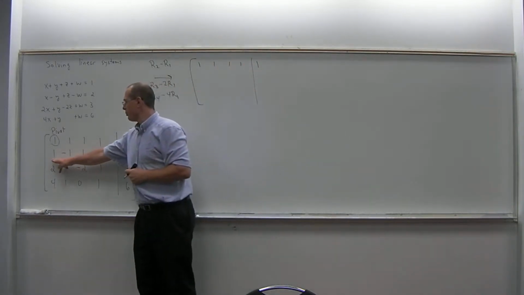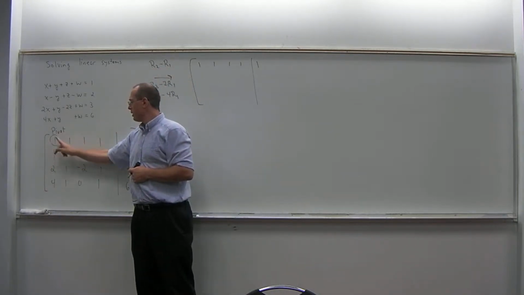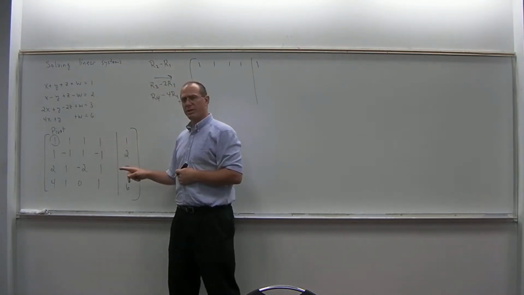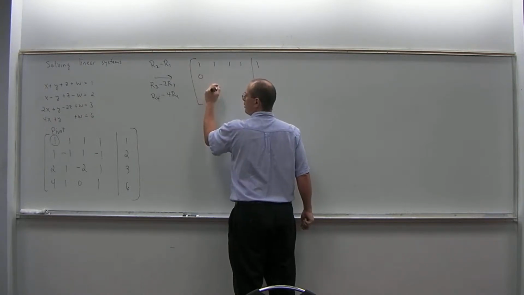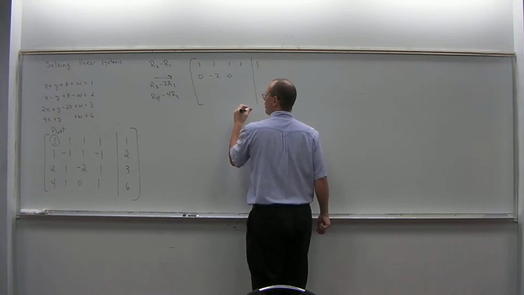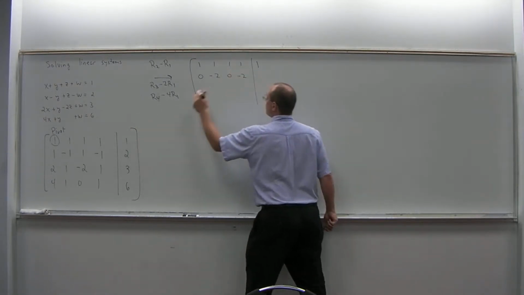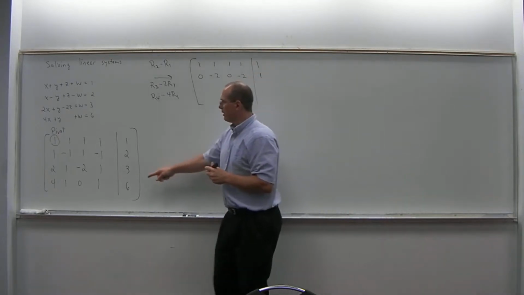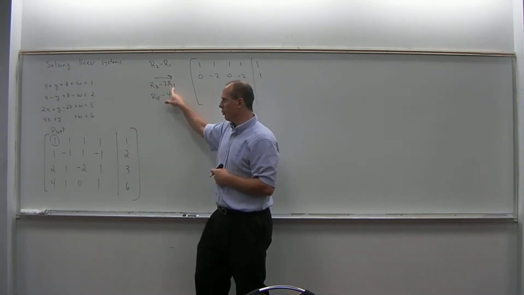Now let's look at what happens to row 2. I'm doing row 2 minus row 1. So I'm going to do 1 minus 1, negative 1 minus 1, 1 minus 1, negative 1 minus 1, and 2 minus 1. So 1 minus 1 is 0, negative 1 minus 1 is negative 2, 1 minus 1 is 0, negative 1 minus 1 is negative 2, and finally 2 minus 1 is 1. And now let's zero out that 2 by doing row 3 minus 2 row 1.